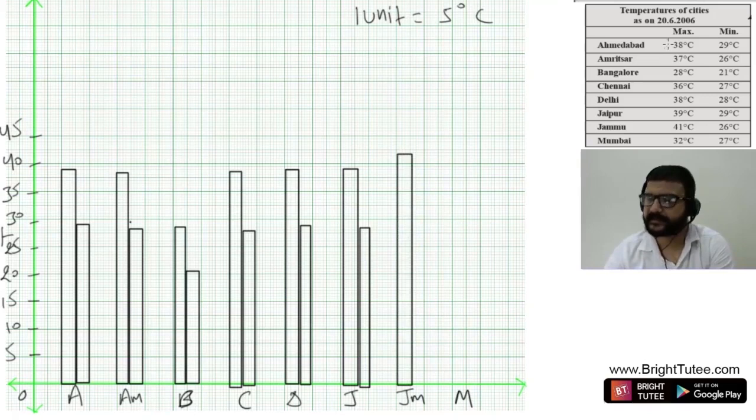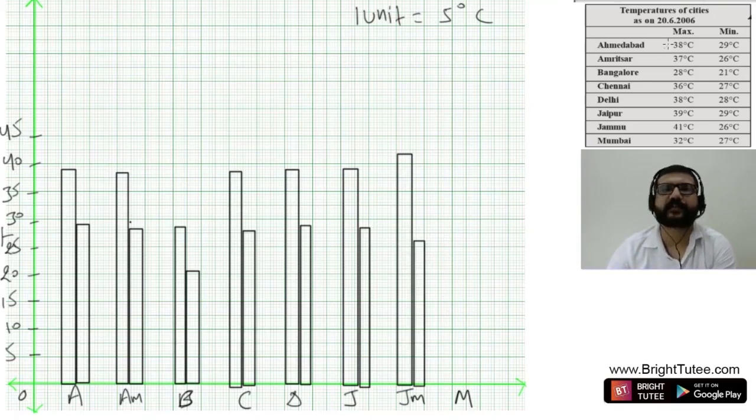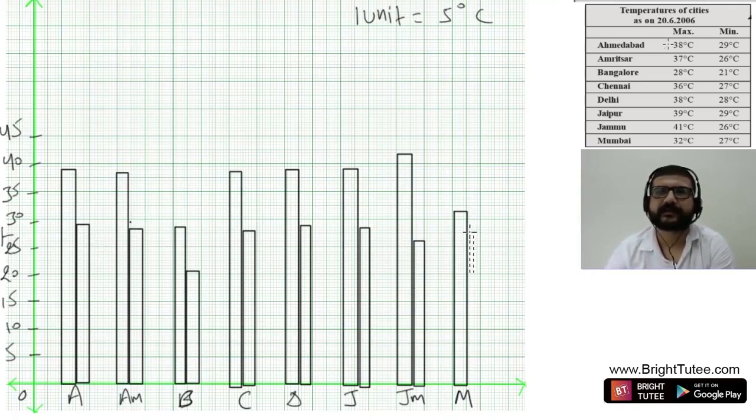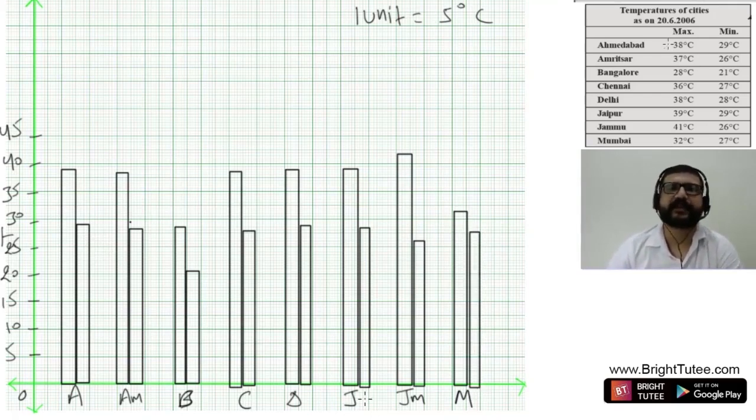And the minimum here is 26 degrees Celsius, so it will be like this. And then we have Mumbai. The maximum temperature here was 32 degrees Celsius, so its bar will be like this. And the minimum here is 27 degrees Celsius, so its bar will be like this. So this is how we have drawn a bar graph for this data.